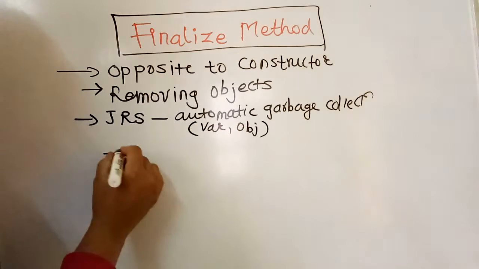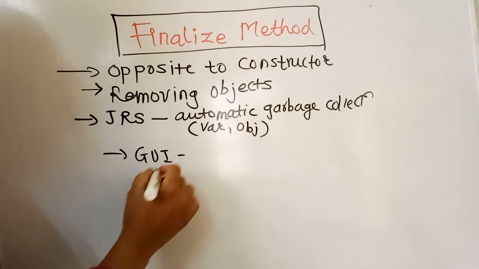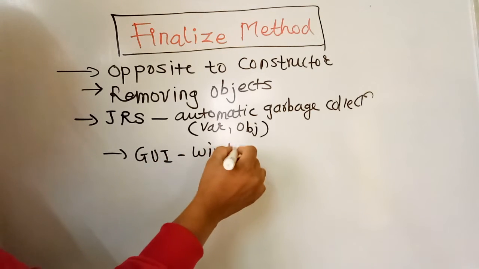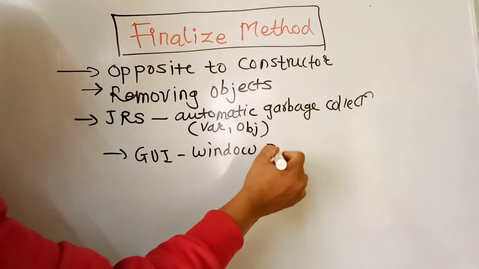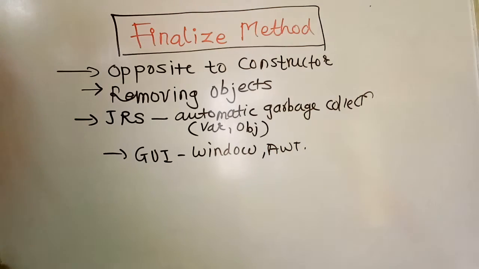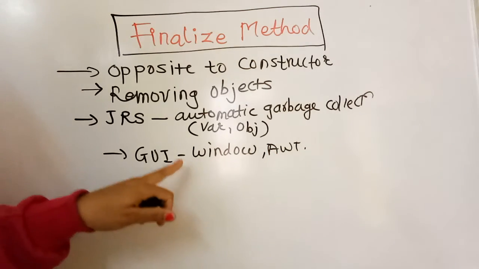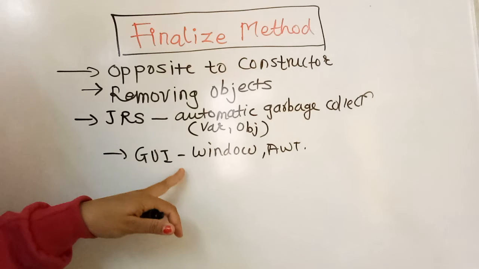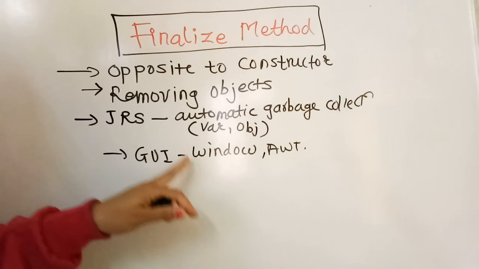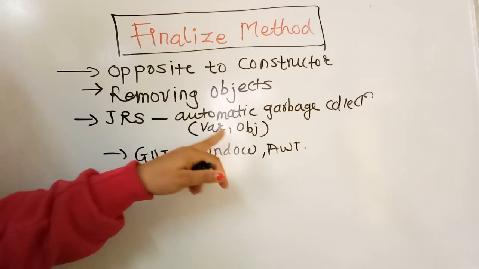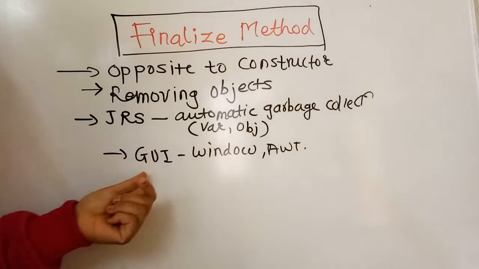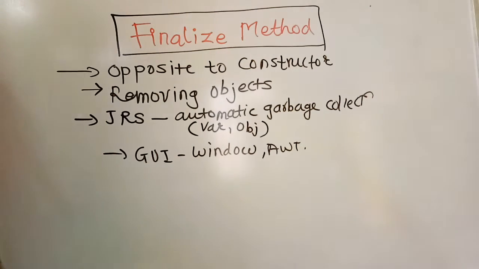But while designing a GUI, you are using some Windows, AWT packages, and so on. The memory allocated by these objects cannot be automatically freed by the automatic garbage collection system. For that case, the finalize method is very useful.